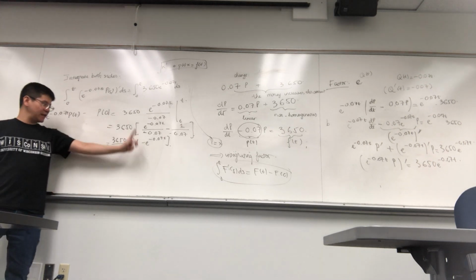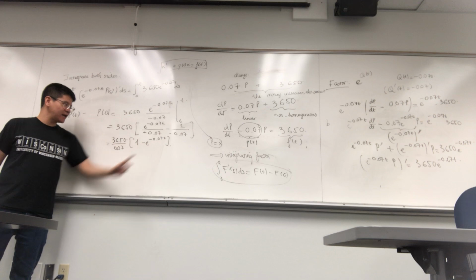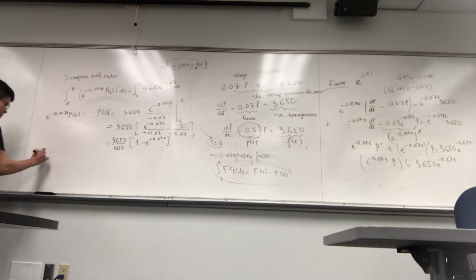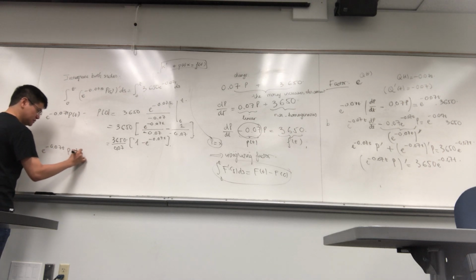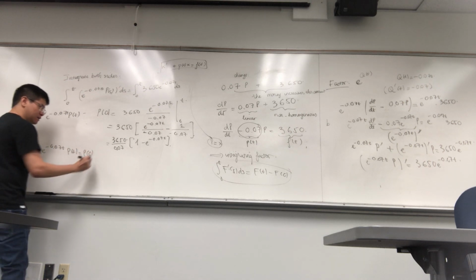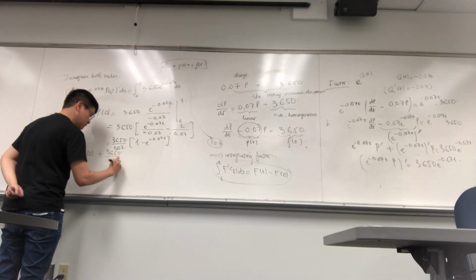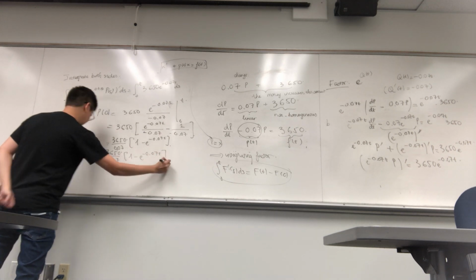So I compute this, and I get 3650 over 0.07 times 1 minus this guy. I'm gonna put p0 to the other side. So I have e^(-0.07t) p(t) is p0 plus 3650 over 0.07 times 1 minus e^(-0.07t).